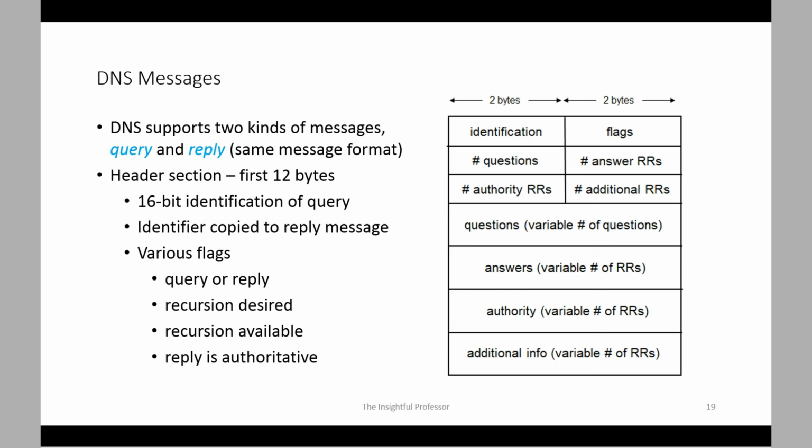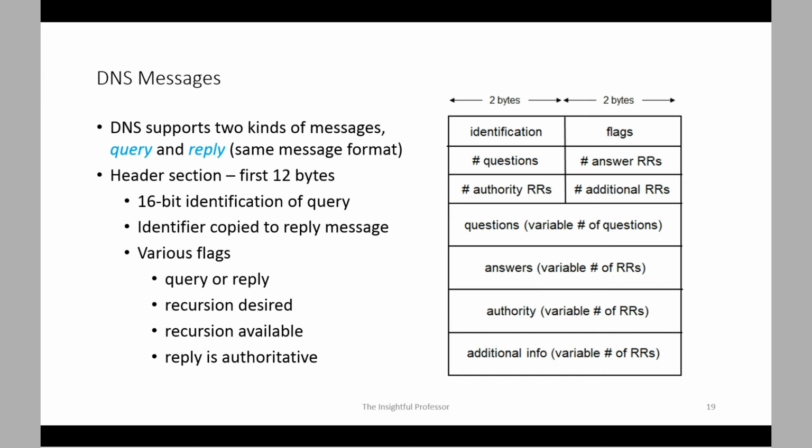Now, the flags indicate what type of message it is. Remember that DNS messages take the same structure, but one could be a query, one could be a response or a reply to the query. So one of the flags is going to indicate the nature of the message. Also, we talked about the types of queries that could be performed, iterative and recursive. So there's information within the message to indicate whether recursion was applicable or permitted.